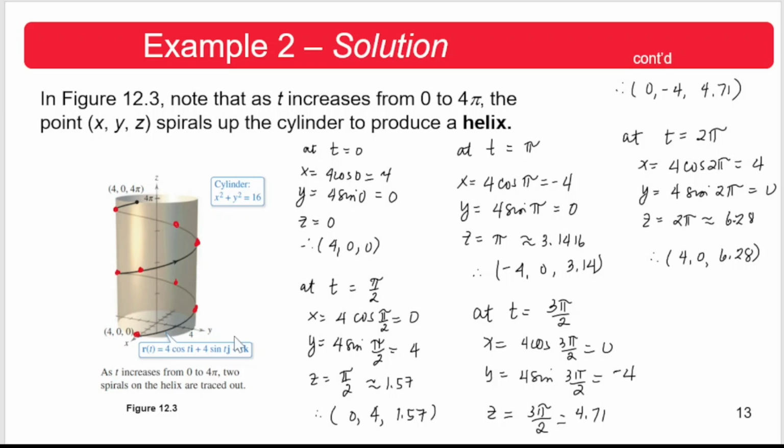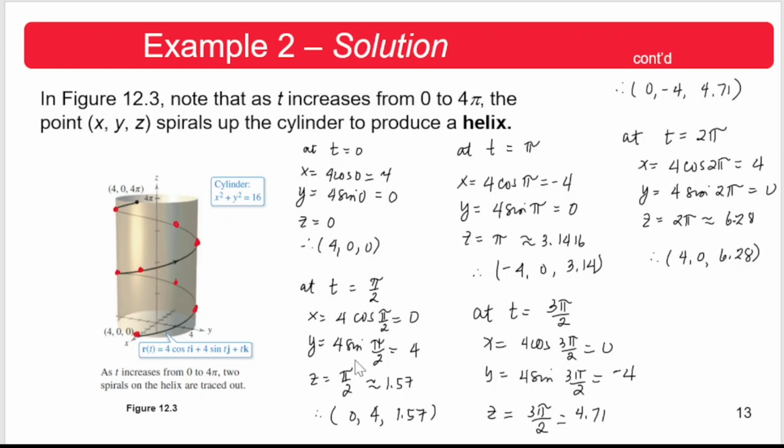Okay, so to get the other points, you assign values to t. Make sure that the assigned value of t is within the specified interval, from 0 to 4 pi. So in this case, if the value of t is pi over 2, your x is 4 cosine of pi over 2, but cosine of pi over 2 is 0 times 4 is 0.